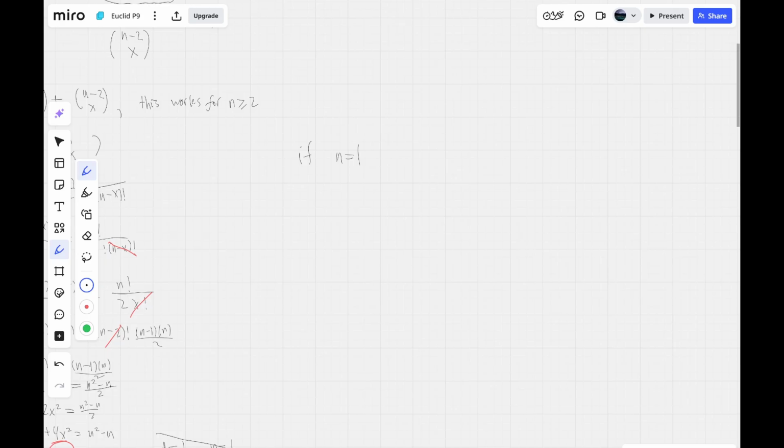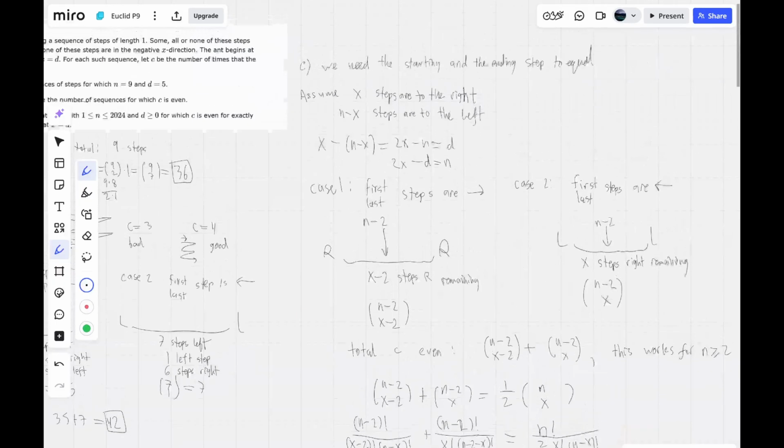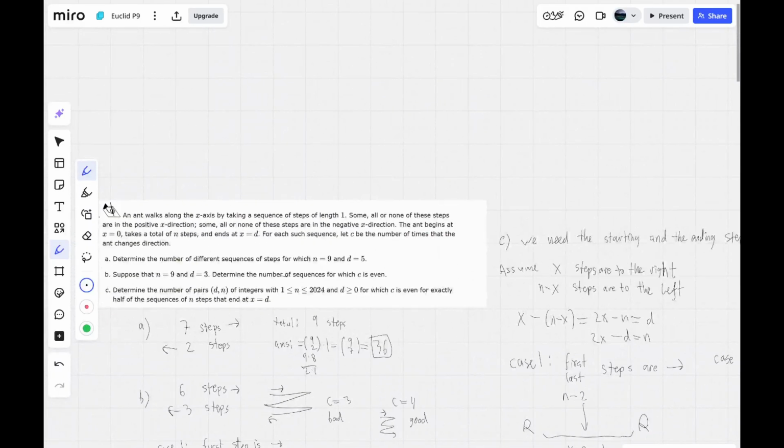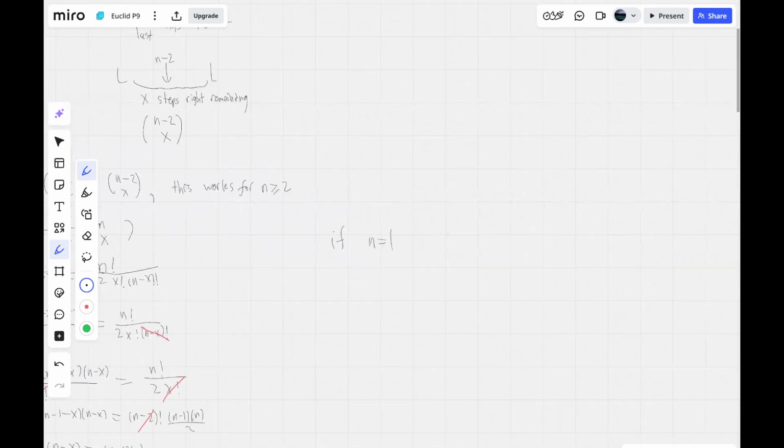In both cases, you would have made 0 direction changes. So in both cases, if n equals 1, then c must always be even. But that doesn't work because when c is even, that must be exactly half the sequences, not all the sequences. So there's no solution.